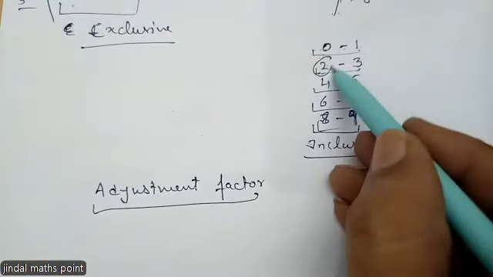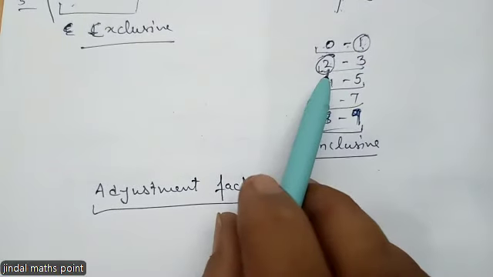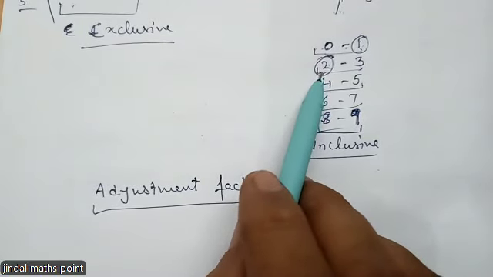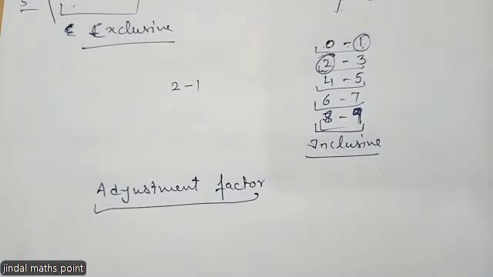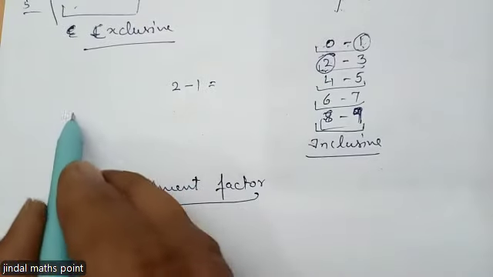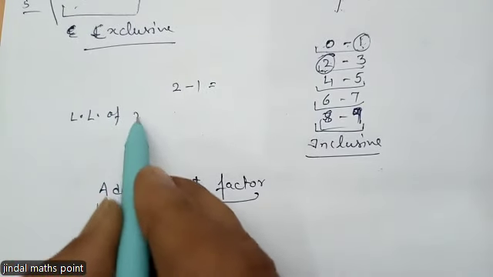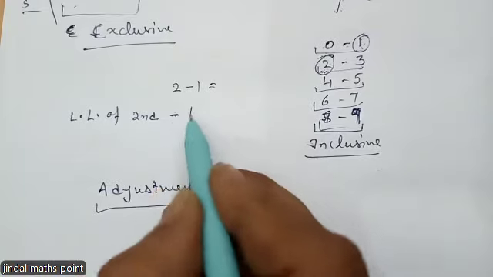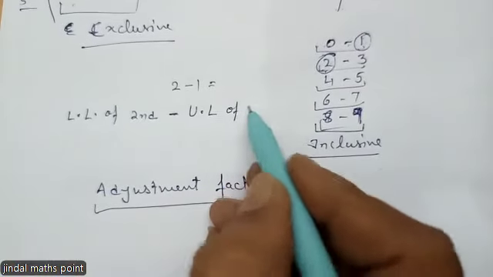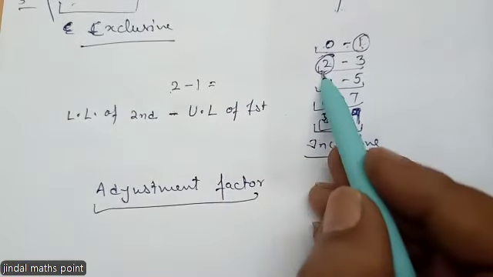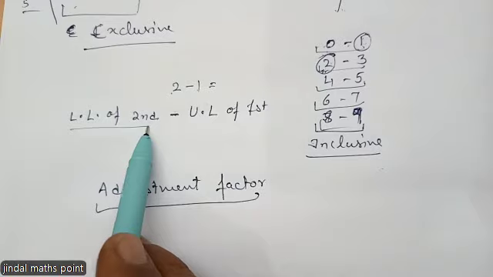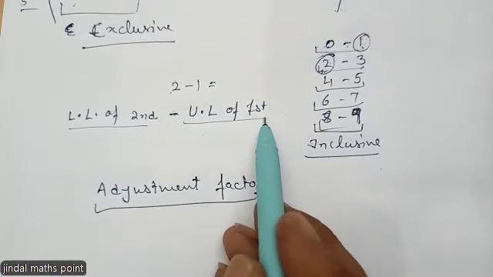What is the difference between these two? The lower limit of the second class interval minus the upper limit of the first. That is 2 minus 1. 2 is the lower limit of the second and 1 is the upper limit of the first.